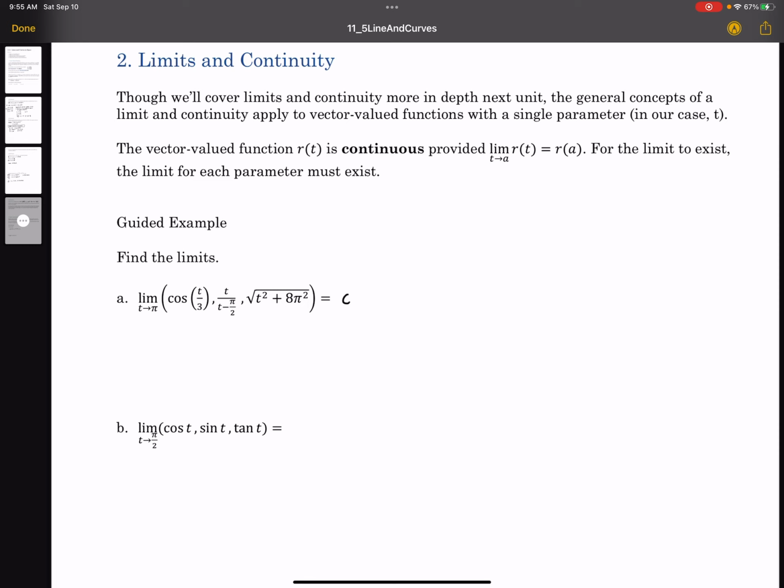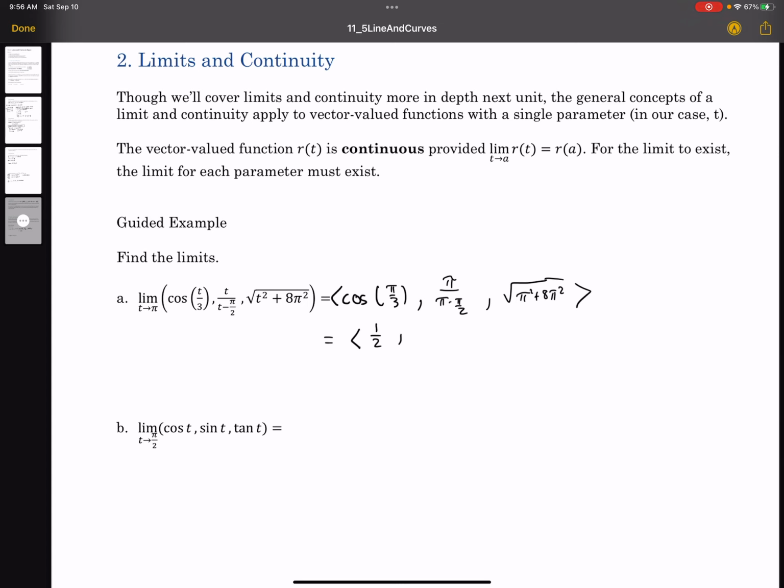So it's going to approach this: cosine of pi over 3, and then pi divided by pi minus pi over 2, and then the square root of pi squared plus 8 pi squared.